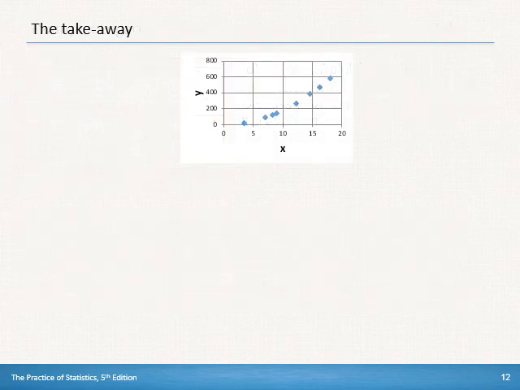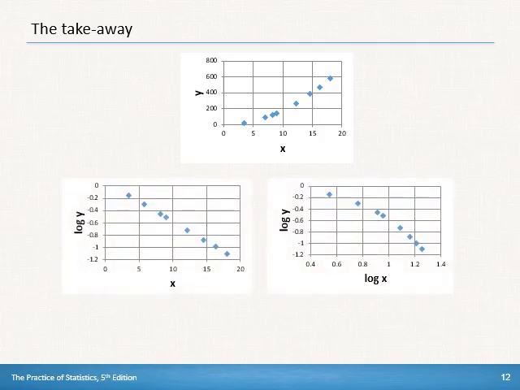All right, so basically, what are we taking away from this? So we have some curved data. Is that curved data exponential or is it power? There are two ways to check it, and this is what you have to take away from this last part of the section. We can either plot x against log y and check if that's linear, or we plot log x against log y, and we see which one of these is more linear.